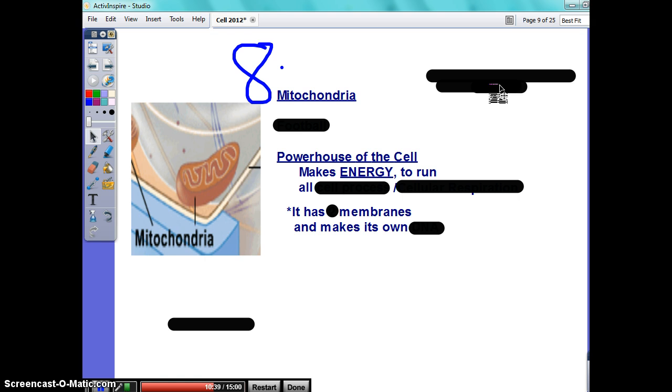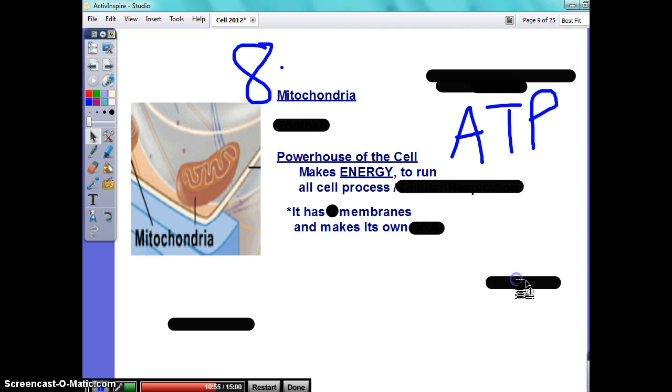It uses sugar to make... no, no. Glucose is sugar. ATP. Do you remember that? No. That's okay, because you don't have to know that yet. All right. This energy is used for all cell processes. And the process of making the energy is called cellular respiration.